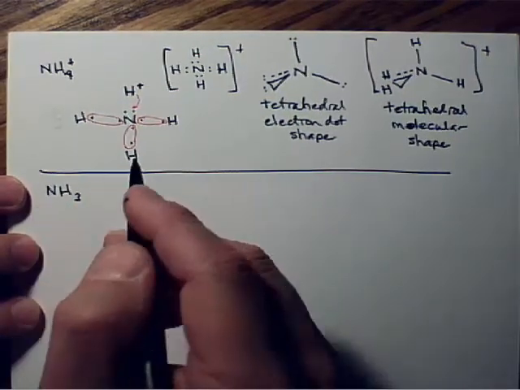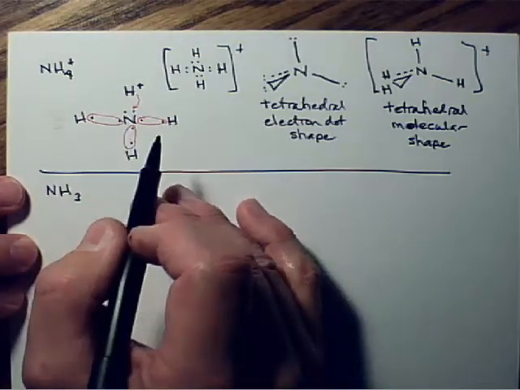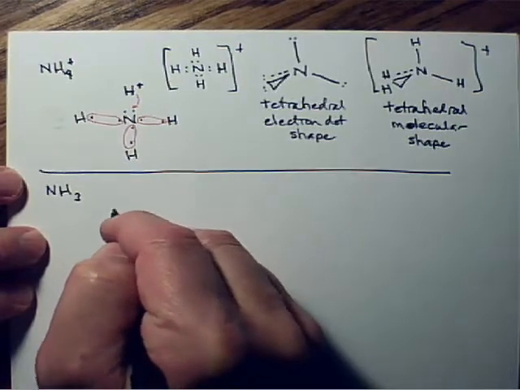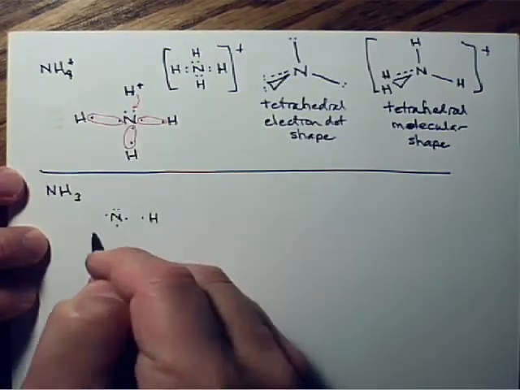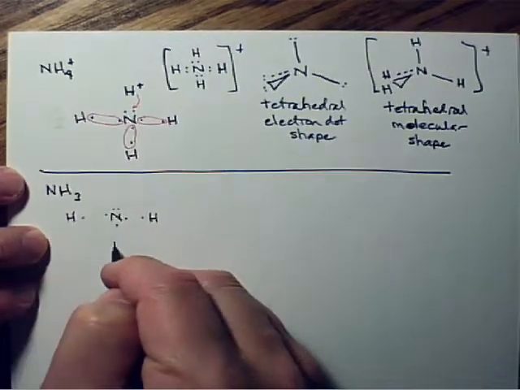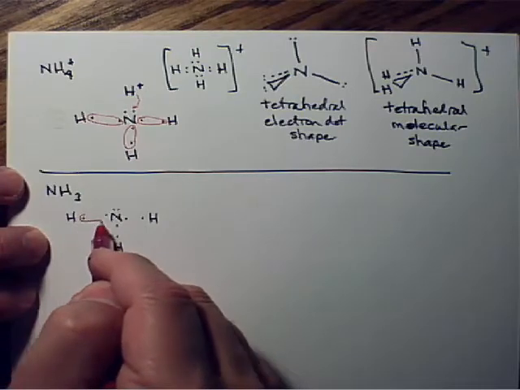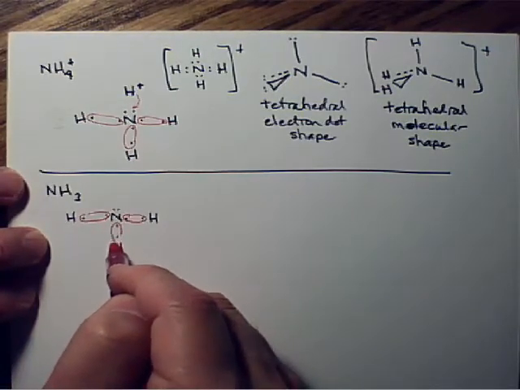All right, let's take a look. If we're using the electron dot formulas and finding the sharing arrangement, nitrogen started out with 5 electron dots. Hydrogens started out with 1. Share electrons such that hydrogen ends up with 2 electrons and nitrogen ends up with 8.